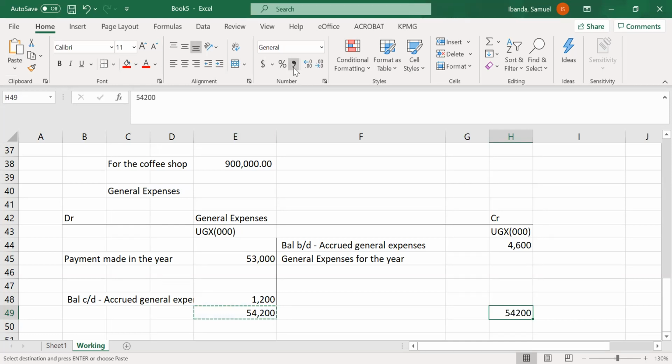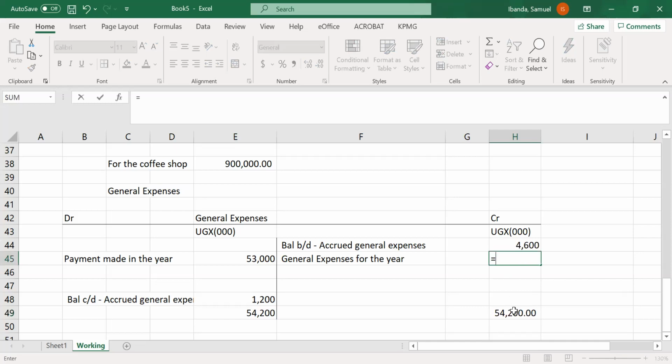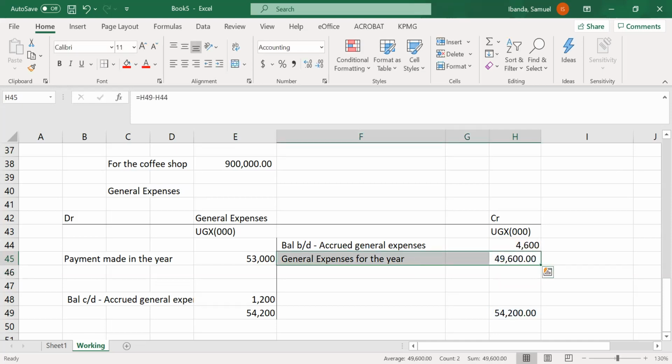But since this side does not give me the same value, it means that the difference is actually my general expenses for the year. Do we see that?